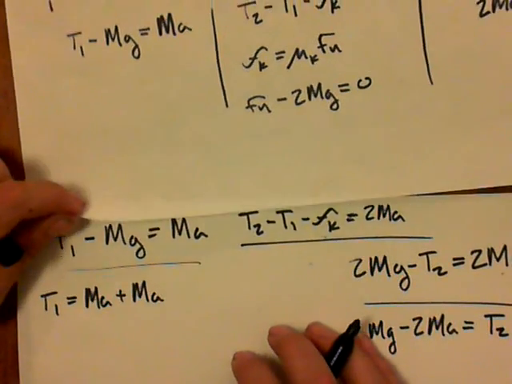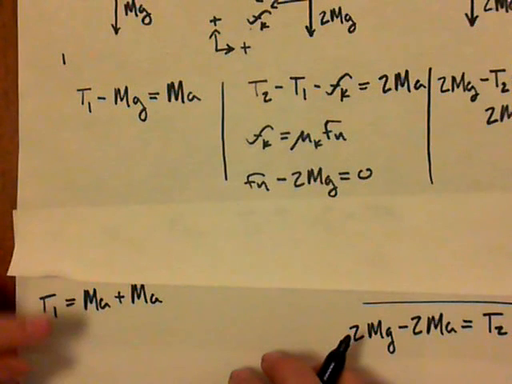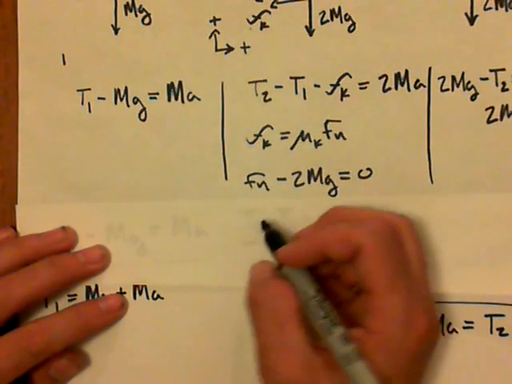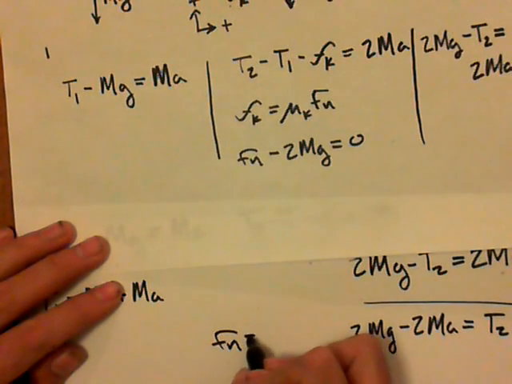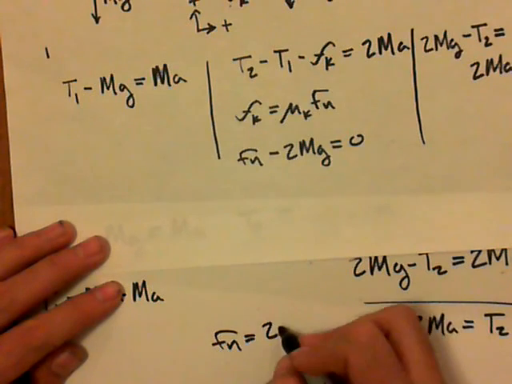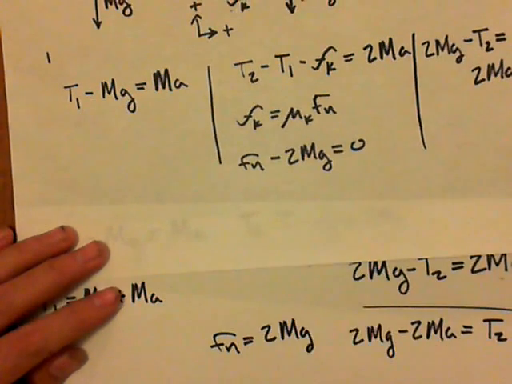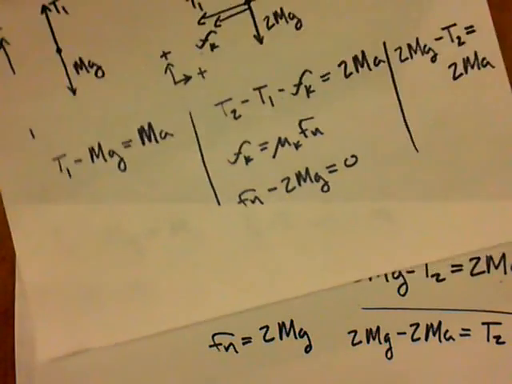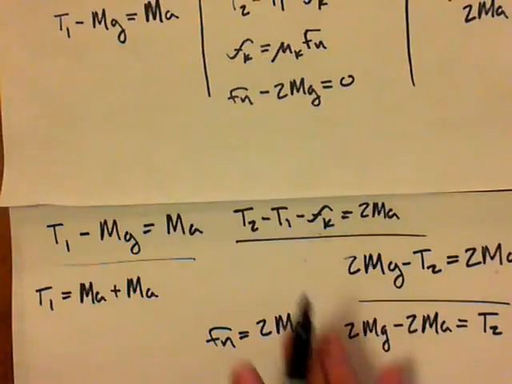So you can still see that there. So I'm going to solve this. So solve my normal force equals 2 mg. Alright, you see that there, and we probably could have just said that from the start, but it's nice to see it all played out in algebra.